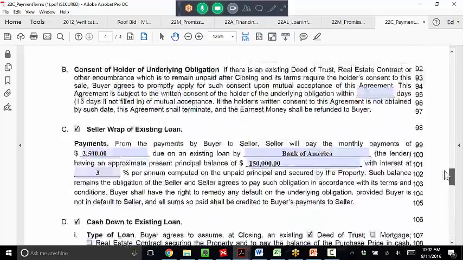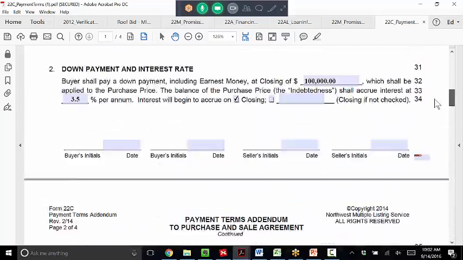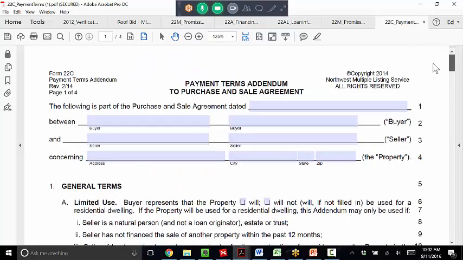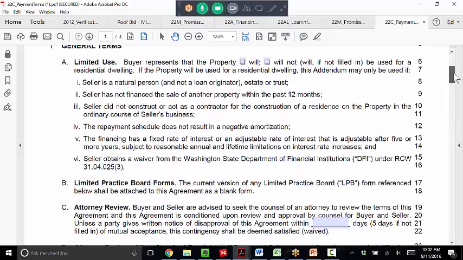So just quickly recap, right? This form is very powerful because it's so thorough. It's also not going to be used very often because it's only when you're entertaining a seller carrying the paper, right? But if you do, general terms really spells out how you make sure that you comply with the state and federal laws about being a lender.